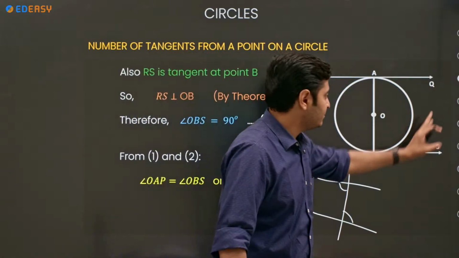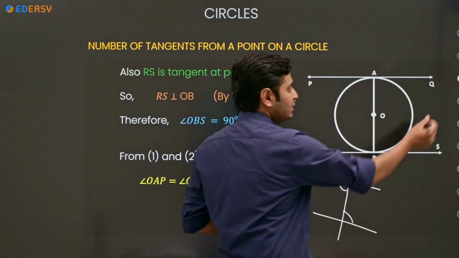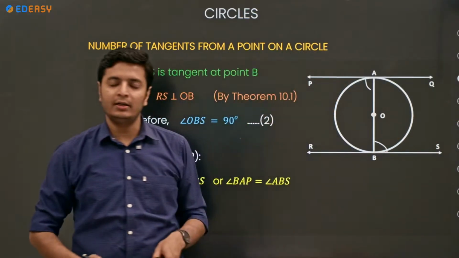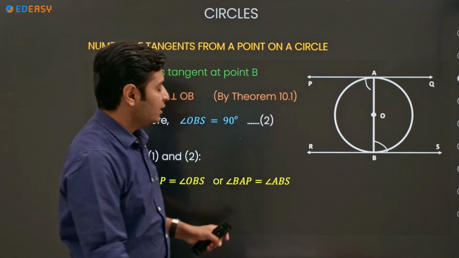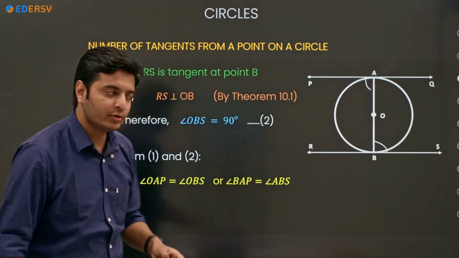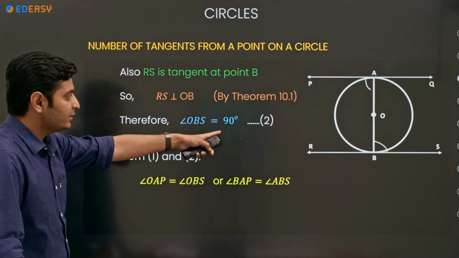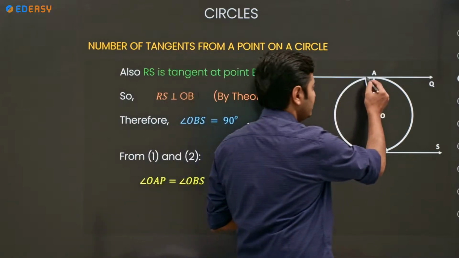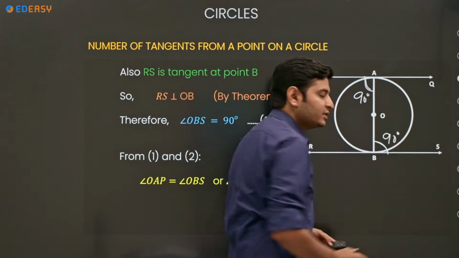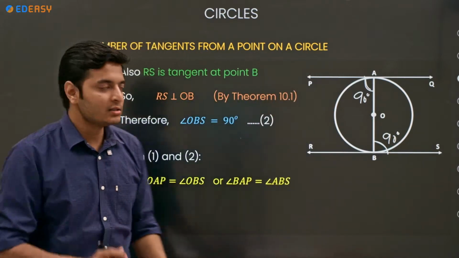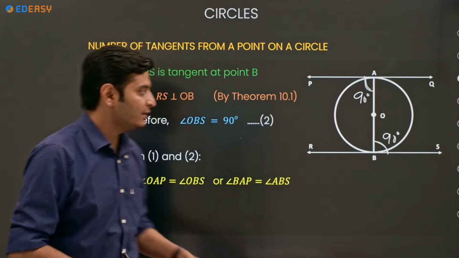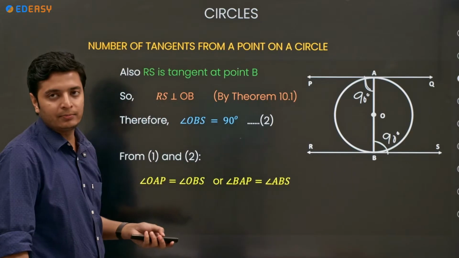So the same concept we are going to apply here. Look at the angles. These two angles are at the alternate interior angles position, correct? Now, if their value is equal, it means that the lines are parallel to each other. So, of course, we did prove them to be equal, because this is 90 degrees and this is also 90 degrees. Both of them are 90 degrees in value. If the angles at the alternate interior positions are equal, then the lines are parallel.